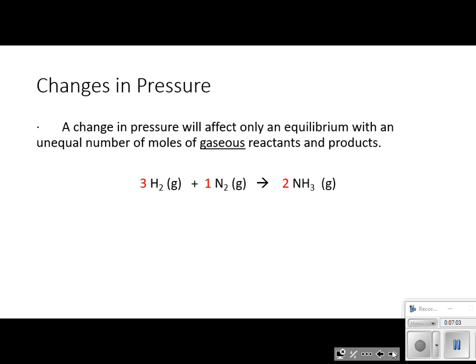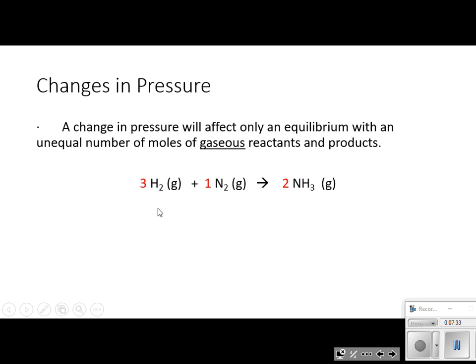What does that mean? Well, as I look at this equation, it's just our basic construction of ammonia. I have gas, gas, gas. I have all gases, so I know that the pressure can be affected and cause a stress. Now, we said way back when that we could interpret this being 3 moles of hydrogen gas, 1 mole of nitrogen gas, 2 moles of ammonia gas.